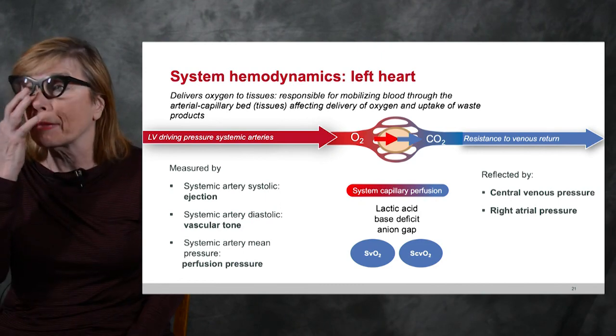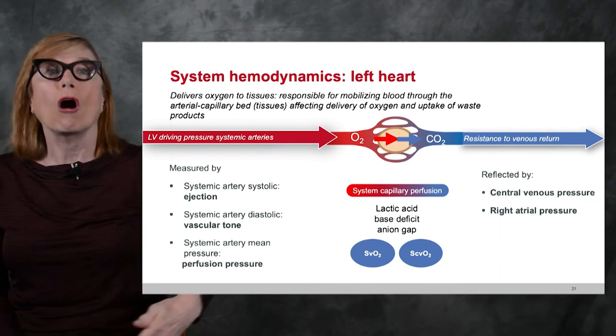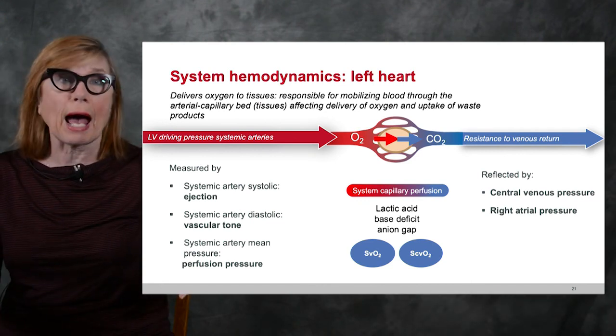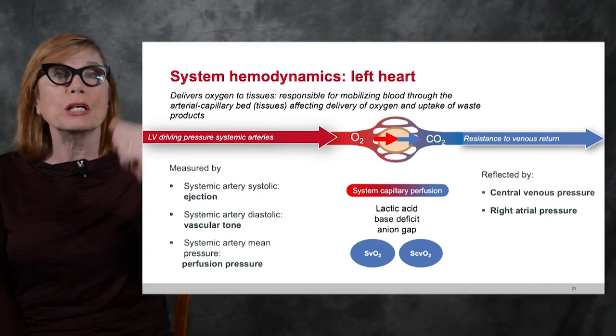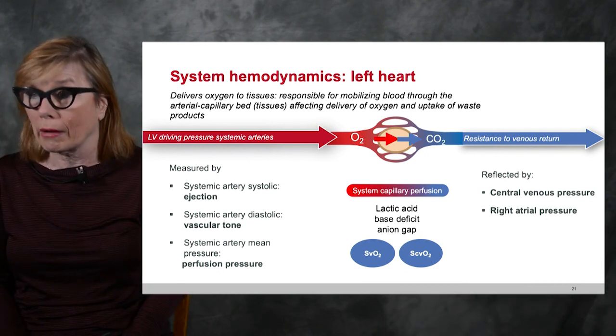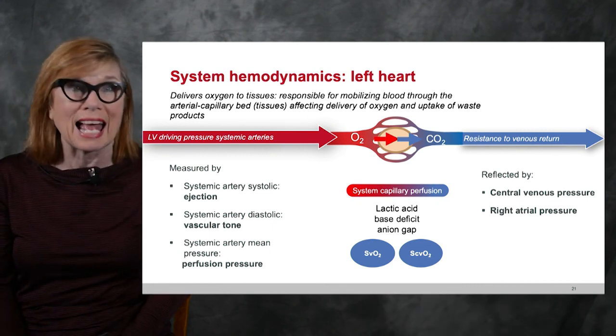So our systemic hemodynamics, which are left heart driven, are about the delivery of blood to the capillaries, to the systemic capillary perfusion, at which point we are going to use a couple of very significant indicators that we'll review in basic blood gas analysis.